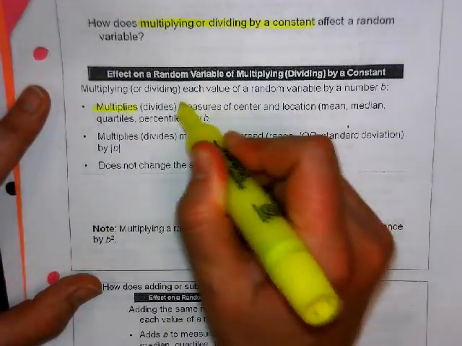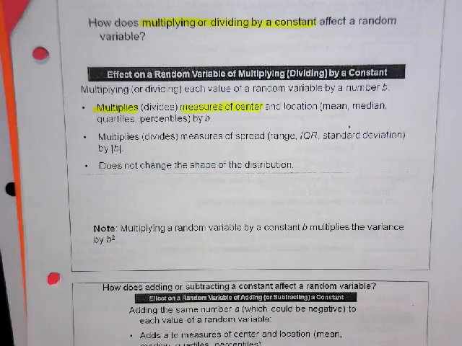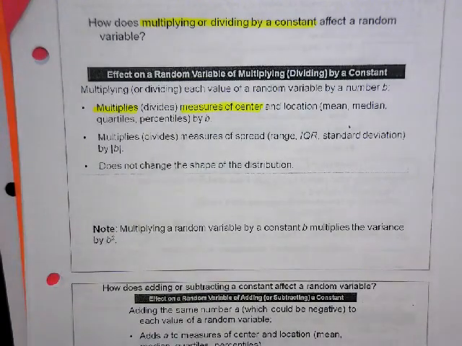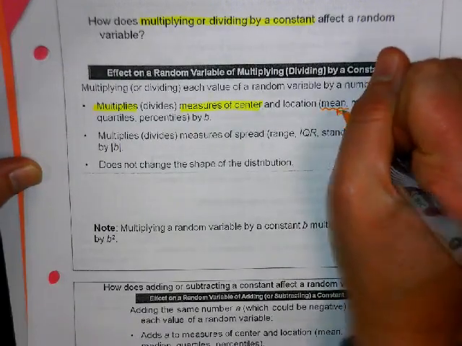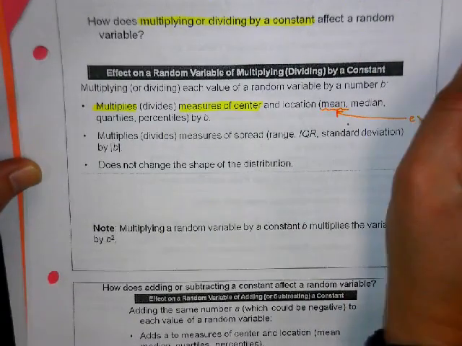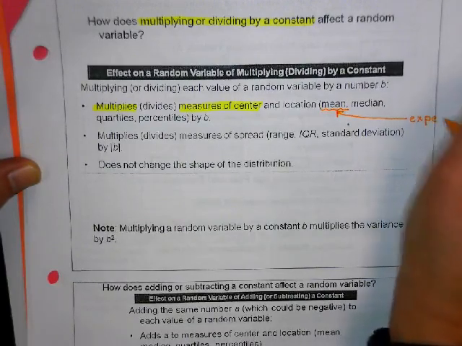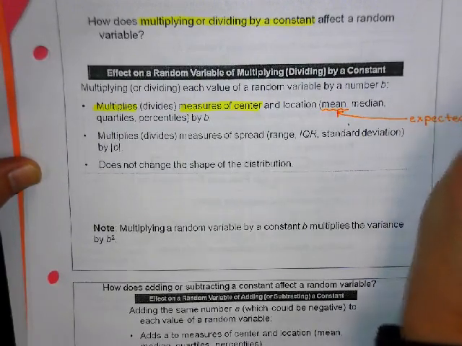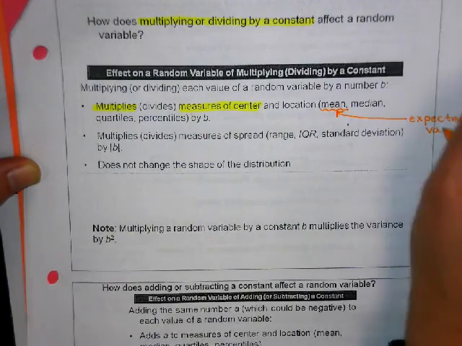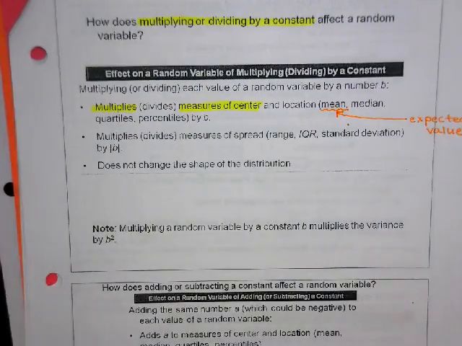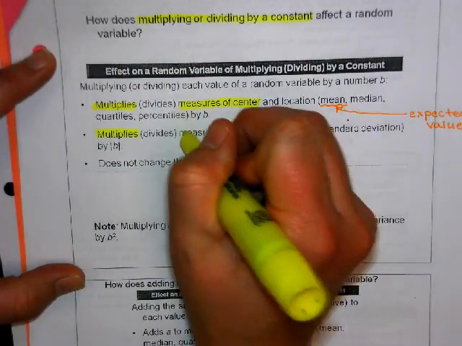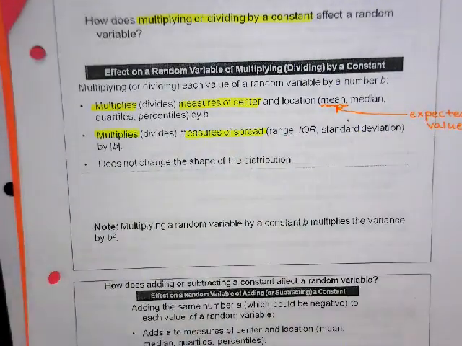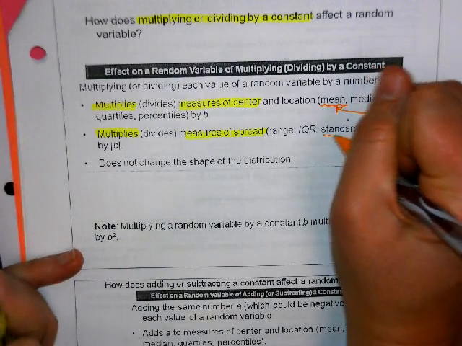So the mean, which is also known as expected value now. So if they ask you what's going to happen to the expected value, it's going to do the same thing that the mean would do, because they're the same thing, we just have a new name for it. When we multiply or divide, it multiplies the measures of spread, which is the standard deviation. Shape stays the same.